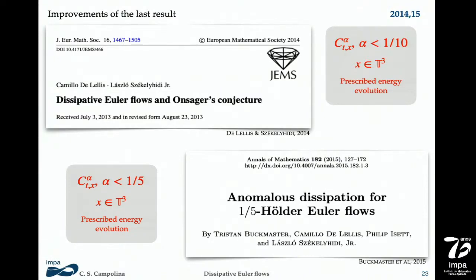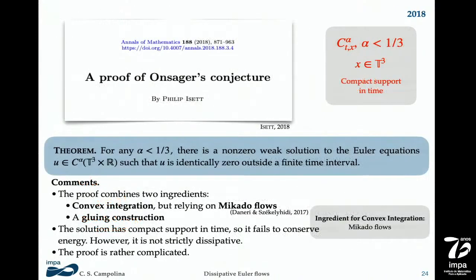Okay. And finally, we have, in 2018, this paper by Isett, who was the author of the last paper, with Hölder 1/5. He published this paper with the title, A Proof of Onsager's Conjecture. So indeed, it is a construction in the required regularity.